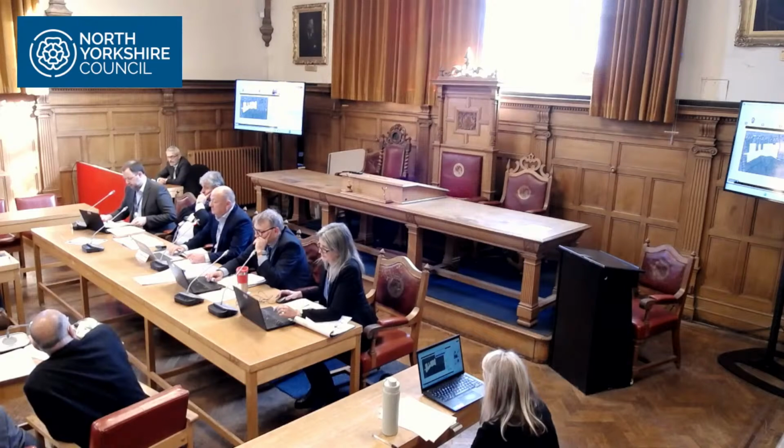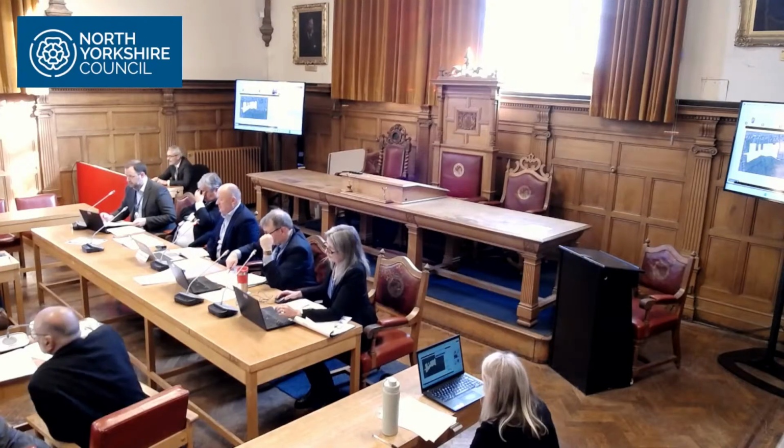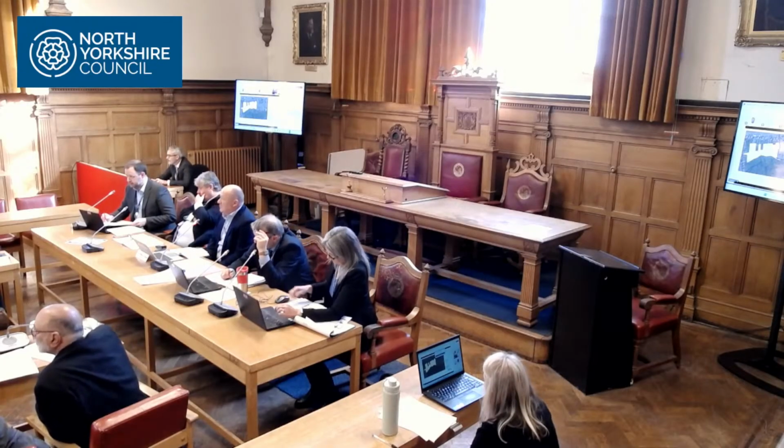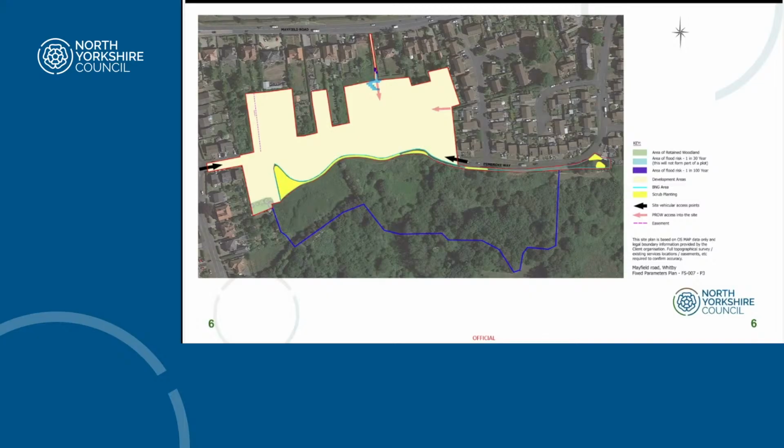Yes, thank you for your query, Councillor. Just to provide some reassurance, I've brought the parameters plan back up onto the screens. Hopefully you can see it. It's near the northern boundary of the site. There's a very small area in light blue near the northern pedestrian access. That is the extent of the high risk flood area on this site. So just to clarify, for river and sea flooding, the site is low risk, which is the best option in planning terms.